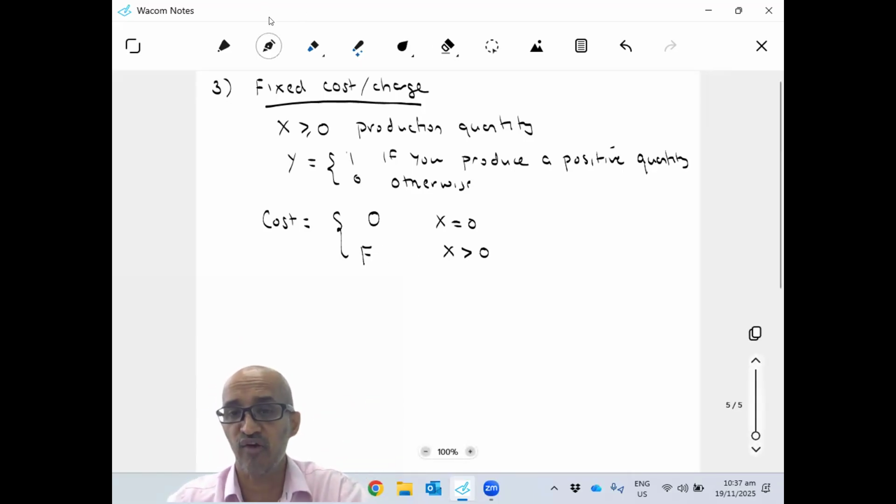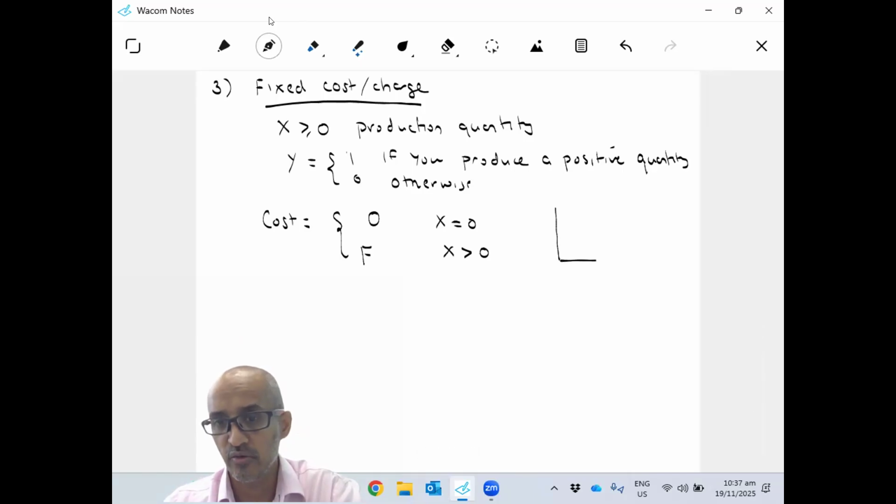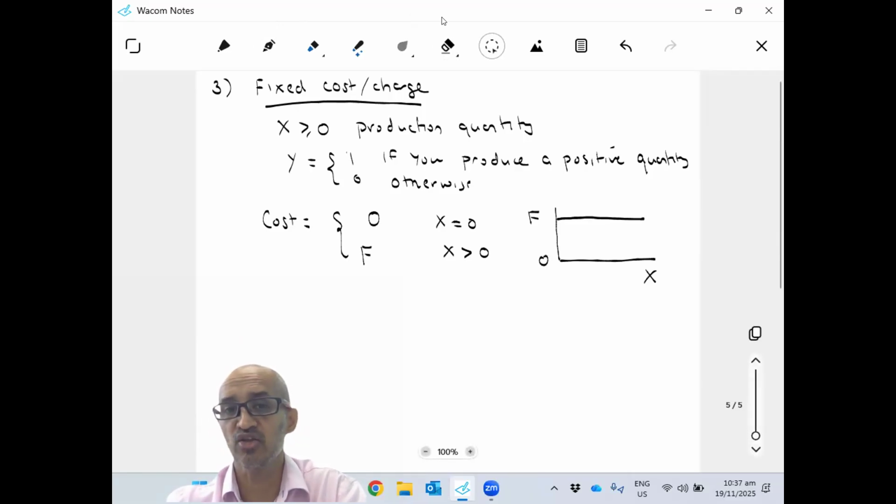So what is this function capturing? When X is positive, I'm paying a fixed cost of F, but when X is 0, I'm paying a cost of 0. So there is a discontinuity in this function.